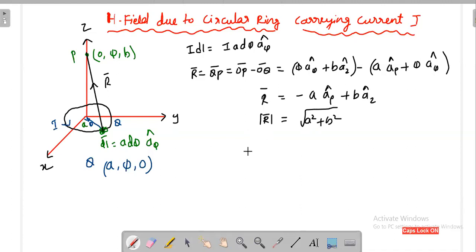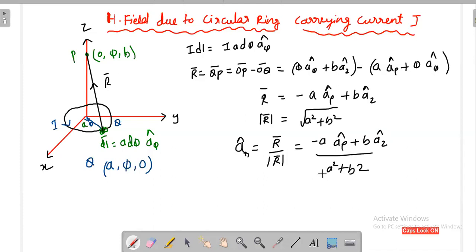What is the unit vector in that direction? The unit vector is the r vector divided by the magnitude of that vector: minus a ρ cap plus b a_z cap divided by the square root of a square plus b square. Now I know what is a_R cap.